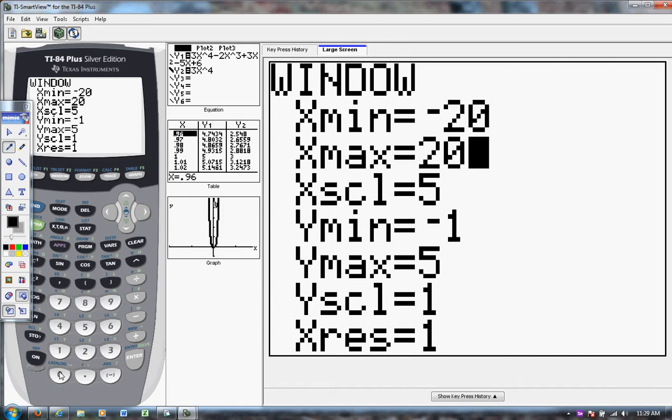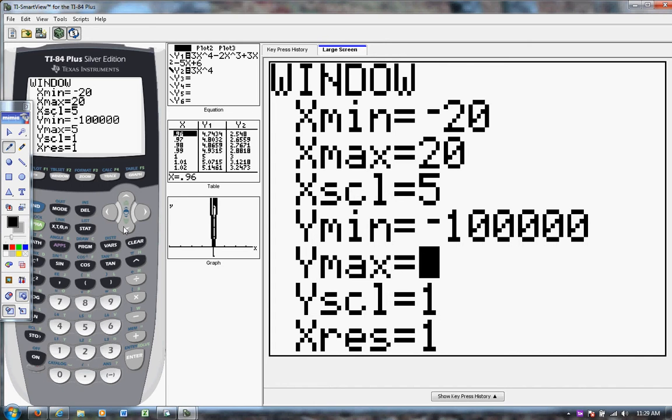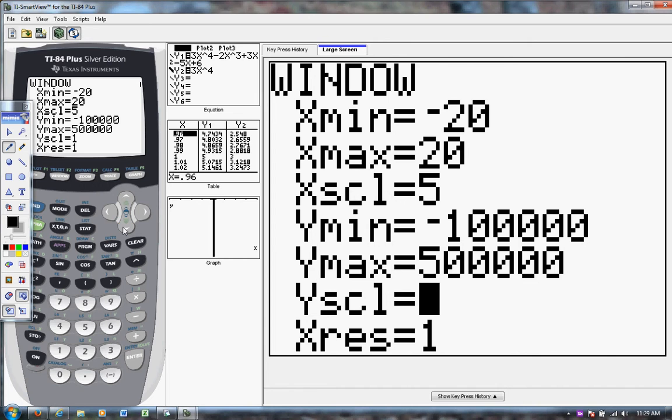Now remember what we're doing. We're doing a limit as we approach infinity. So let's go out a little bit closer to infinity, like -100,000. And our y maximum will be 500,000. And of course, we need to make our scale like 100,000.